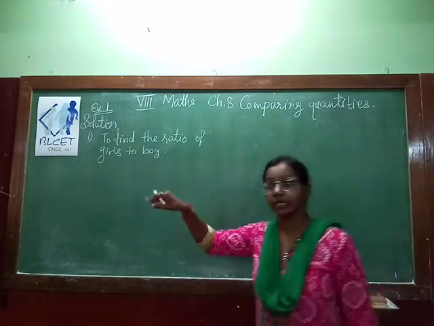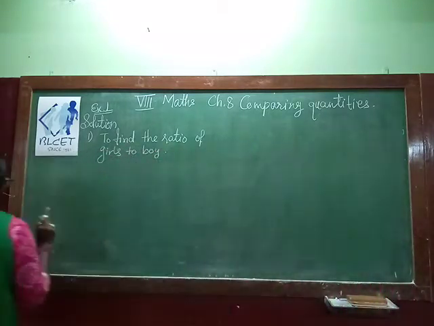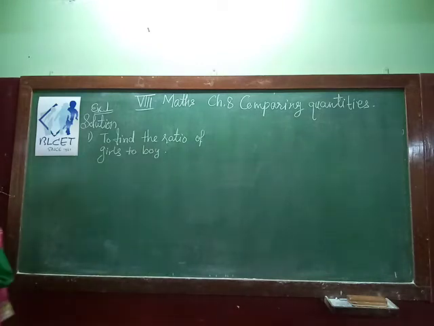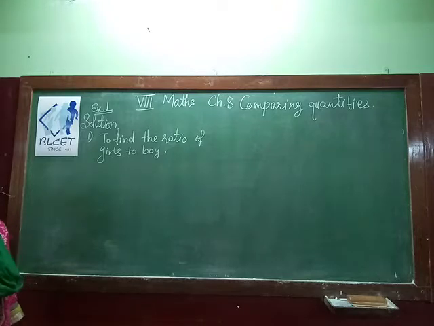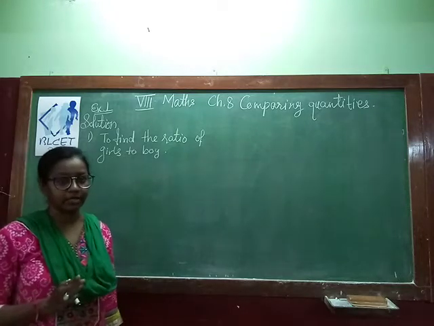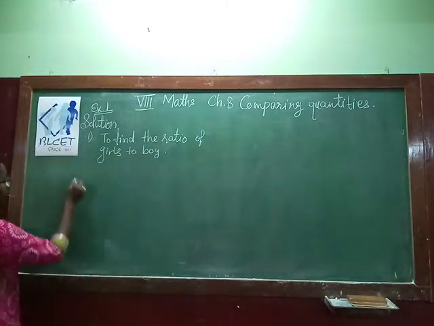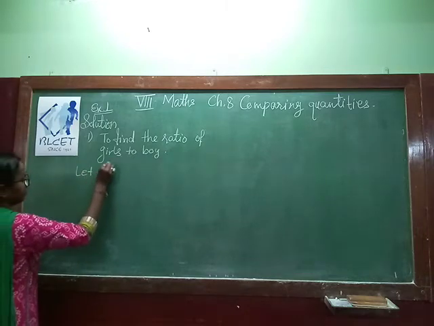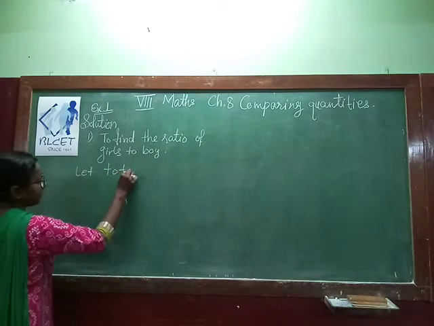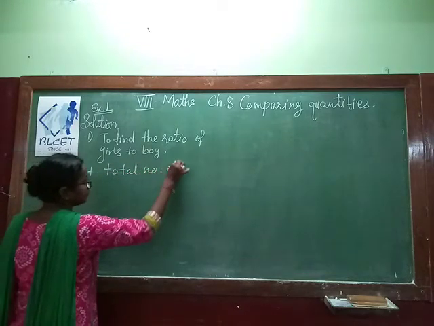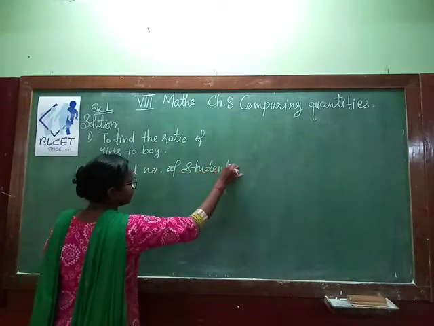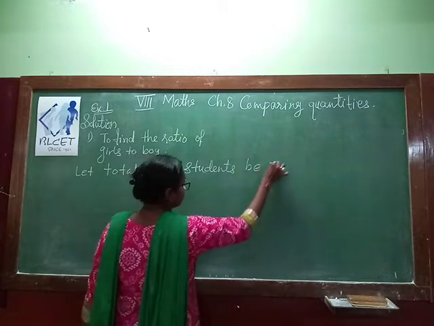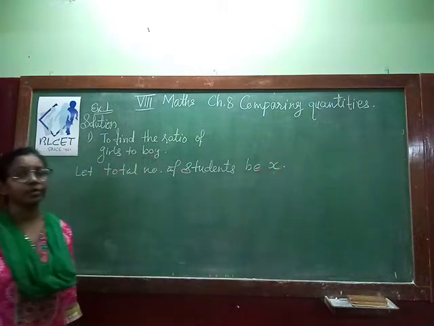Here what is given? 60% of girls are given, and that 60% is equal to 18 is also given. Here we don't know the total number of students. So what we have to do? Let the total number of students be x, because we don't know the total number of students.